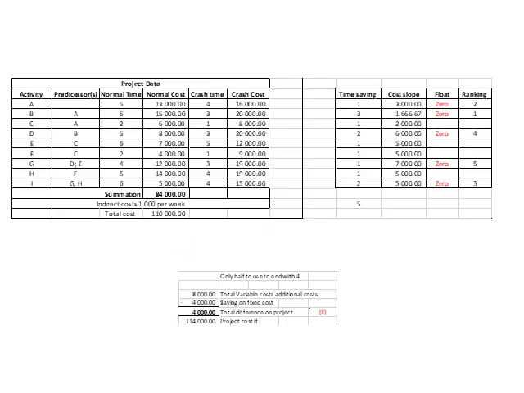Okay, so looking at our items, we basically draw a little table, and what I did here is I just took our items and basically ranked them according to our cost slope. So the cost slope is basically the normal time and the crash time subtracted from each other.